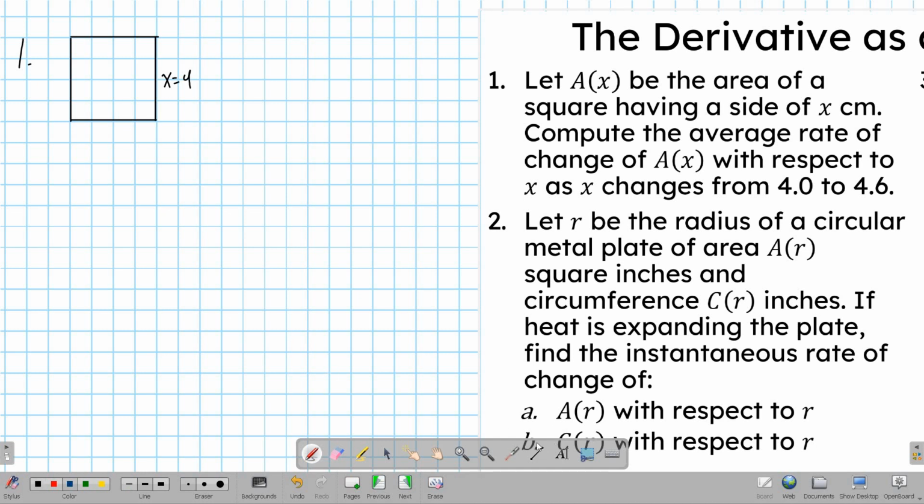It's not that obvious, but this changed to this.